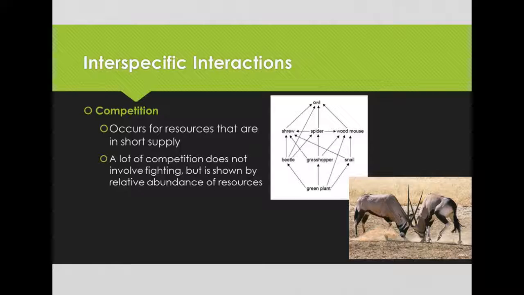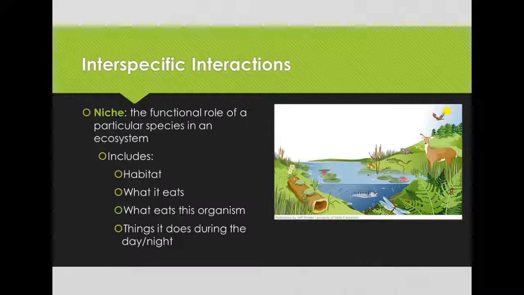Competition occurs for resources that are in short supply, which makes sense. If there was plenty of everything, nobody would need to compete. A lot of competition does not involve fighting necessarily, but is just shown by a relative abundance of resources, where one organism just happens to get more of something than another does.